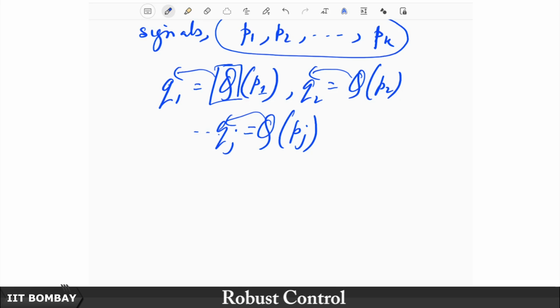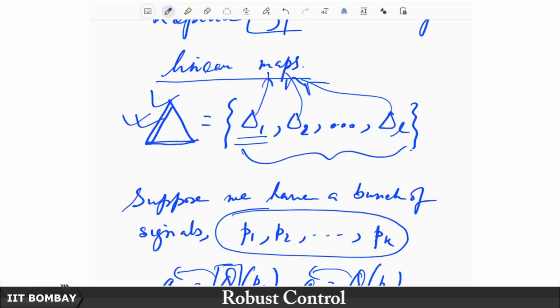We say the set delta, remember this big delta I am referring to, right?